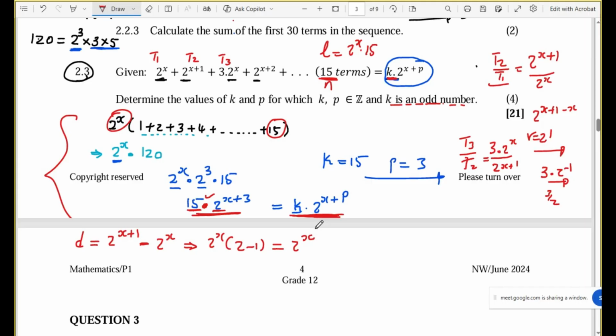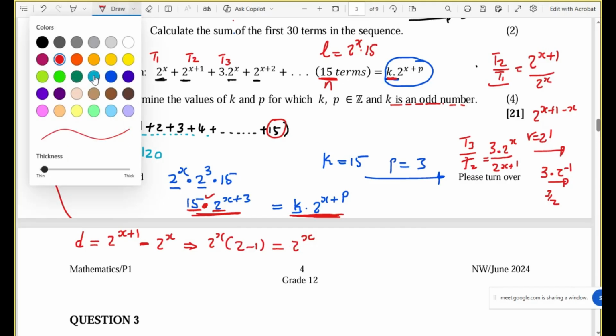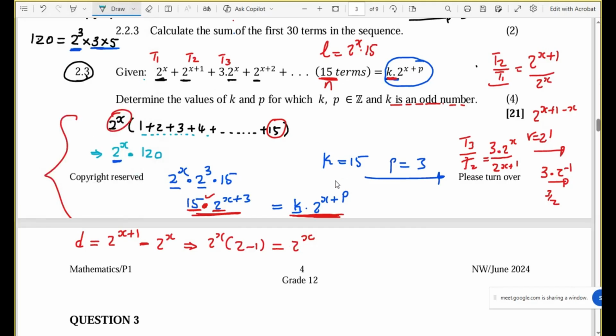Do you guys understand my algebra here? Yes, sir. Or do you want me to explain what happened? No, sir, we are fine. You see, this term is 2 to the x times 2 to the 1 minus 2 to the x. We take 2 to the x out as a common factor. I'm left with 2 minus 1, which is 1, so d is 2 to the x.